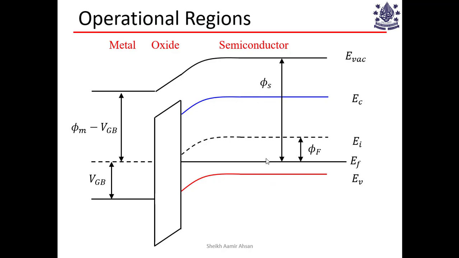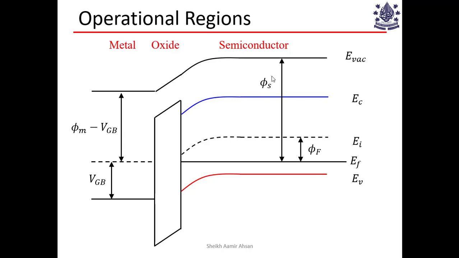All right, so let's do one thing. I have introduced these concepts of work function already in the previous semester. So let's say we have a metal which has a work function of phi m. The difference between the vacuum level and the Fermi level on the gate side is phi m, all the way from here to here.